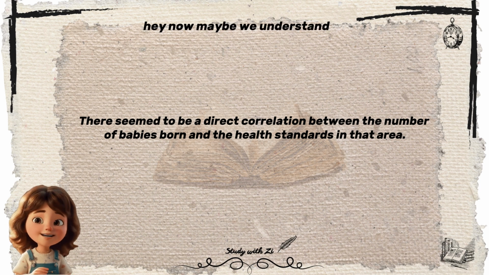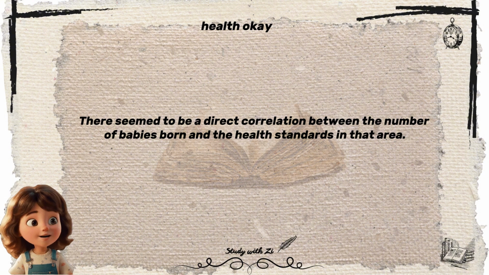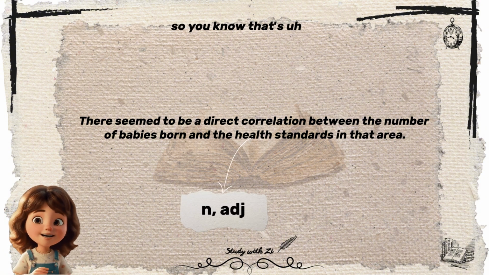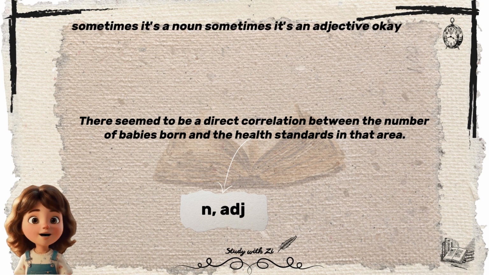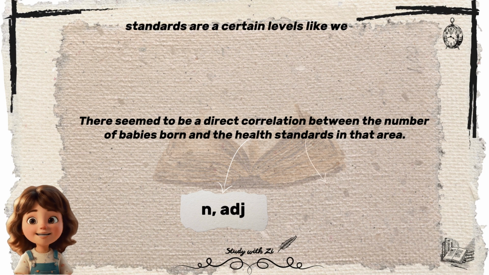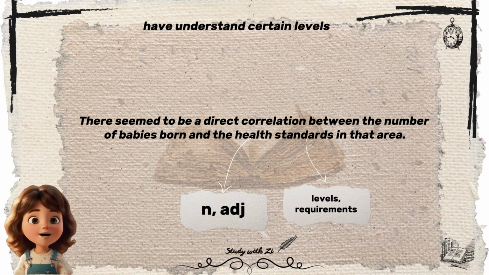Okay? Now, maybe we understand health, okay? We know what health means, to be healthy, right? Sometimes it's a noun, sometimes it's an adjective, okay? Let's say we know standards. Standards are certain levels.